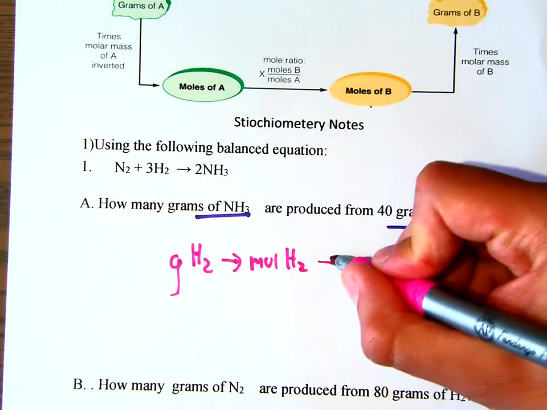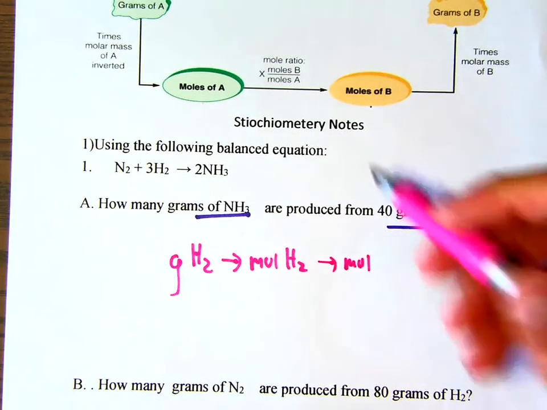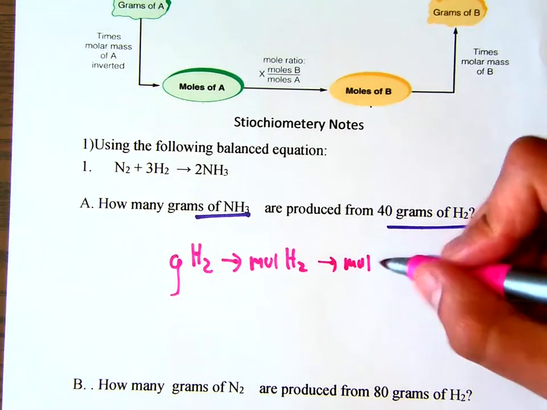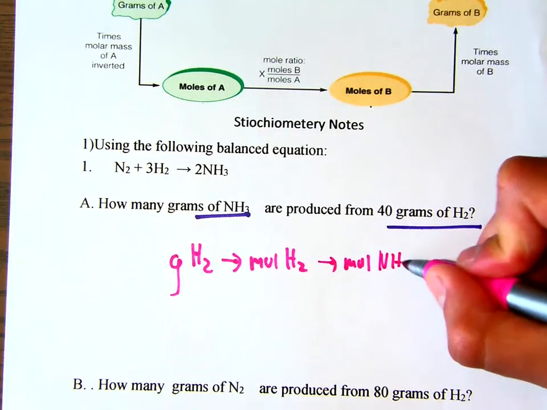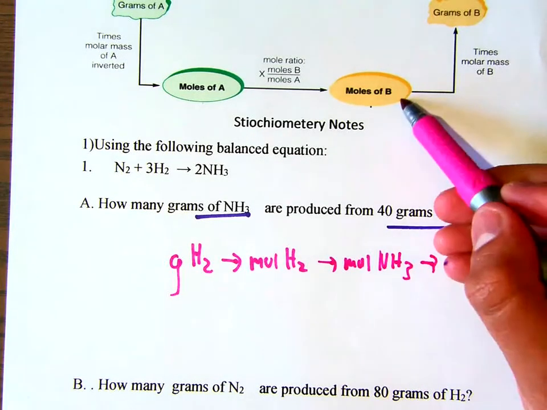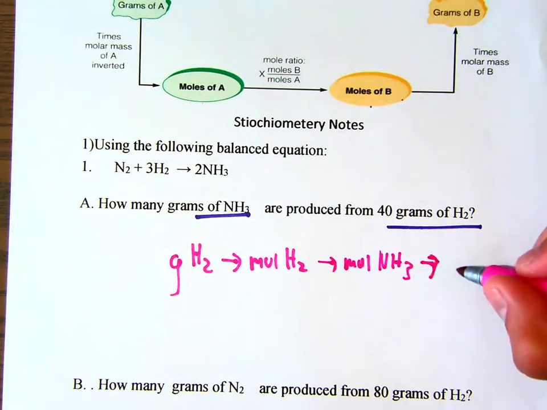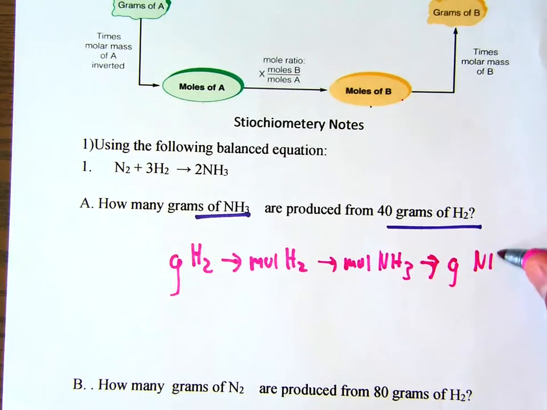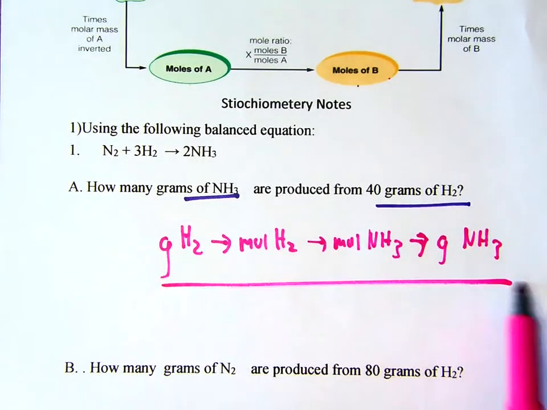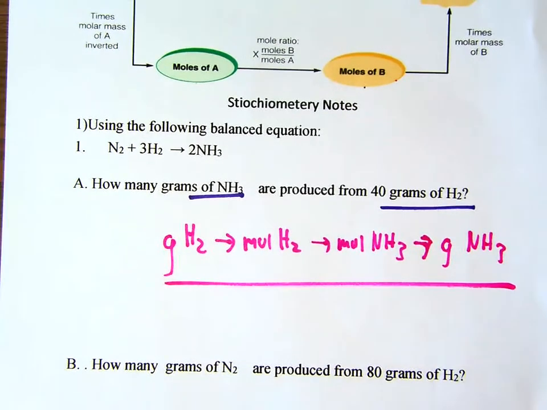So from this, using the equation, we can convert it into moles of NH3. Then from there, I can turn it into grams, which is what I'm looking for. Grams of NH3. Okay, that's all you're doing today. You're just mapping it out. That would be your answer. Okay, let's look at another example.